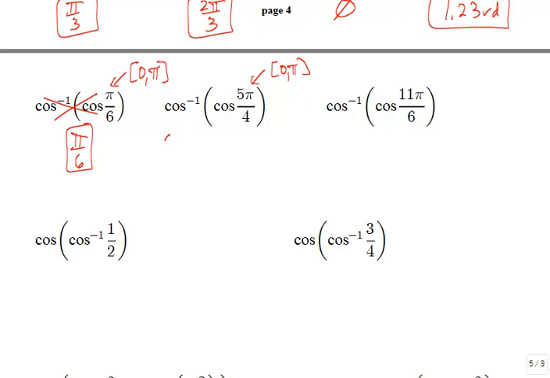So the only way to do this is to work from the inside out. Cosine of 5 pi over 4, it's a pi over 4 angle, so that's a root 2 over 2, but that was quadrant 3, remember? So that's a negative. Which angle between 0 and pi, in other words, between quadrant 1 and quadrant 2, has as its cosine value negative root 2 over 2?